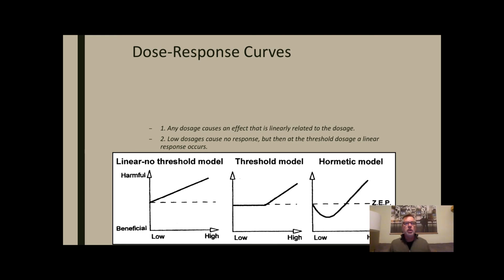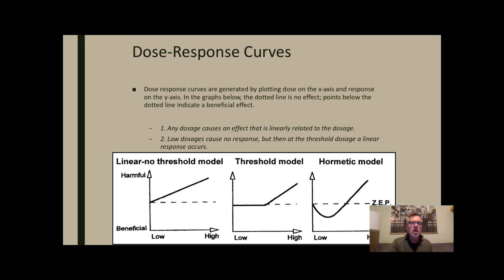Now let's look at dose response curves, and here are some examples of them. Dose response curves are generated by plotting dose on the x-axis and response on the y-axis. In the graphs below, the dotted line is the line of no effect. Points below the dotted line indicate a beneficial effect, and those above it a detrimental or harmful effect.